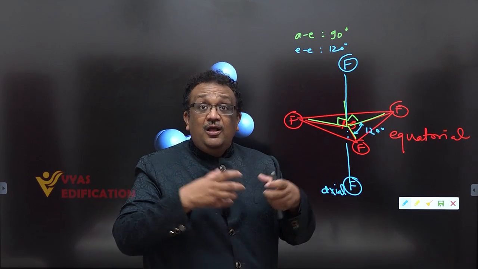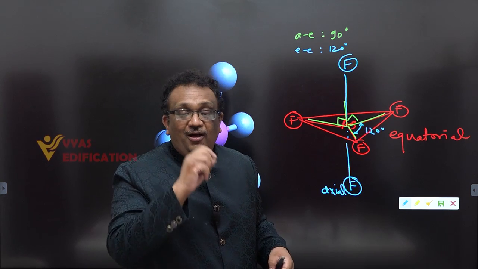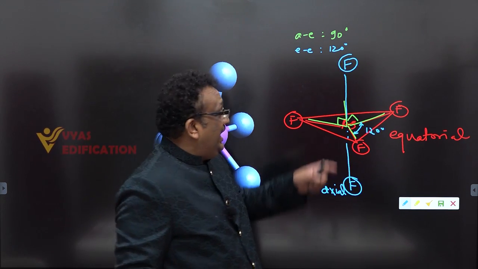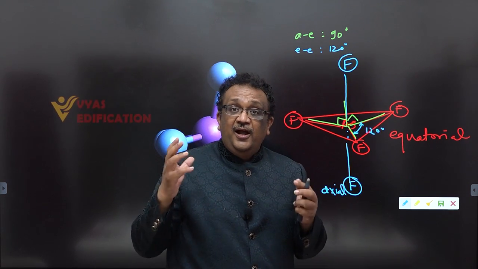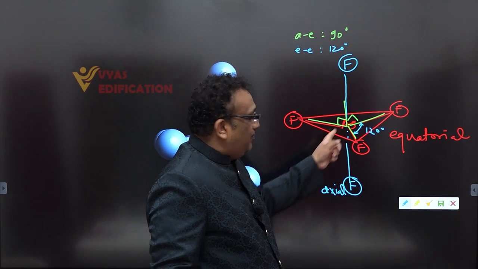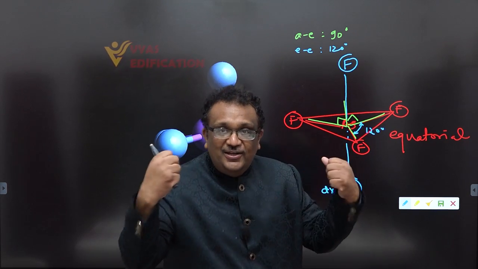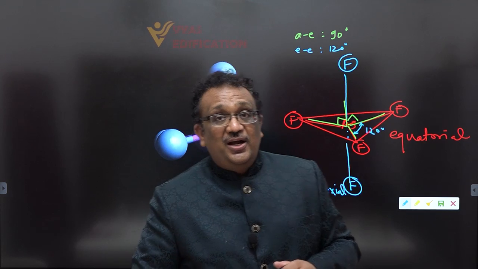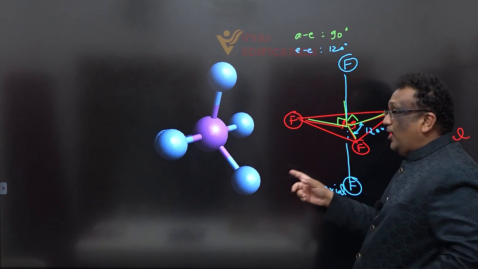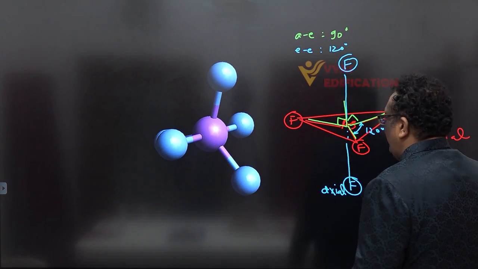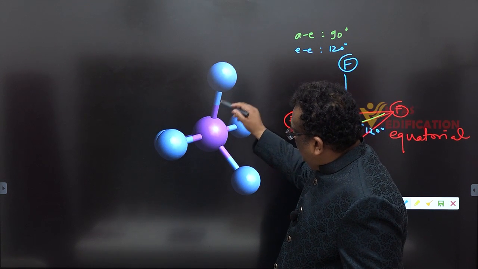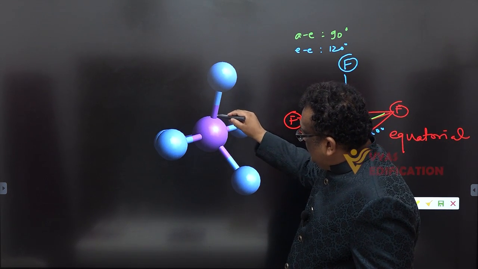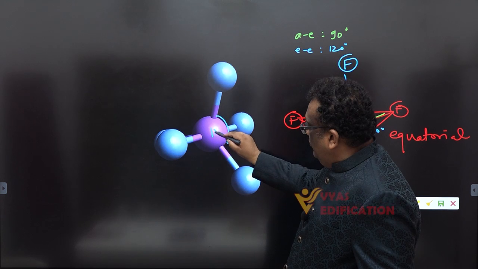Axial bonds are longer and weaker. This is additional information I am giving you. Axial bonds are longer and weaker, while equatorial bonds are slightly shorter and stronger. That is the speciality of this trigonal bipyramidal geometry. You can see that this angle is around 120 degrees.